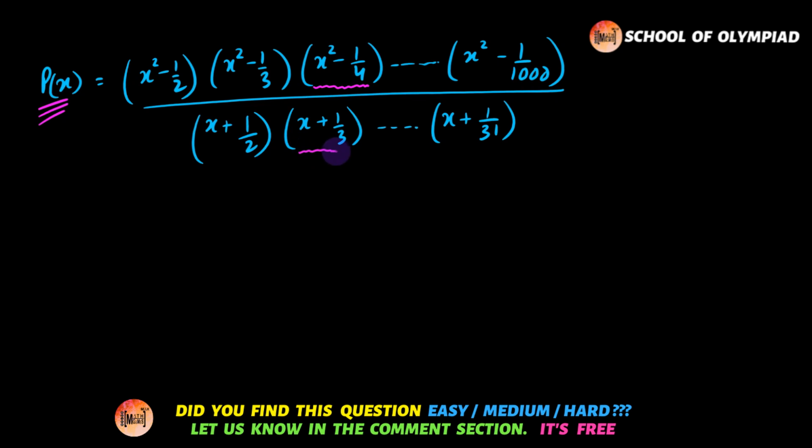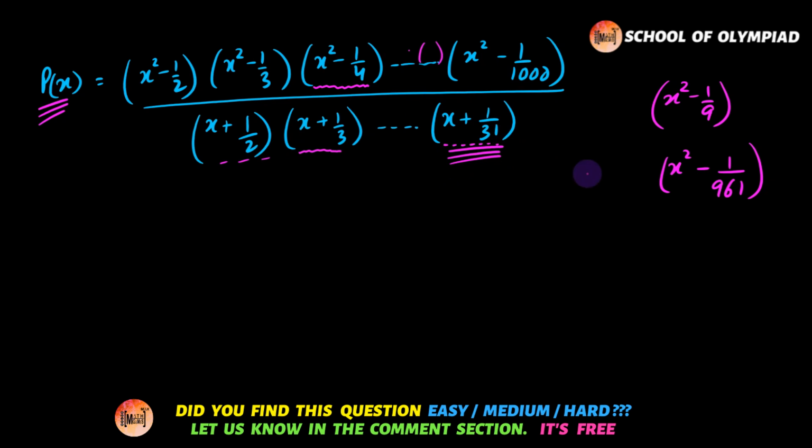Similarly, x plus 1 by 3, because this quantity was multiplied in the numerator to make it x squared minus 1 by 9. Similarly, the last quantity will be x plus 1 by 31, because x squared minus 1 divided by 961 was made in the numerator, and we have stopped at 1 divided by 31 because that is the largest square available among the roots given.